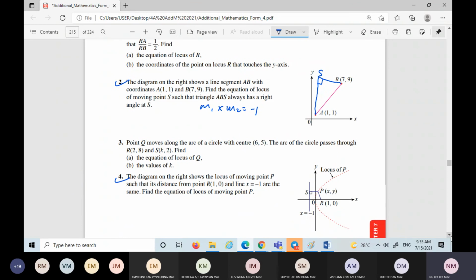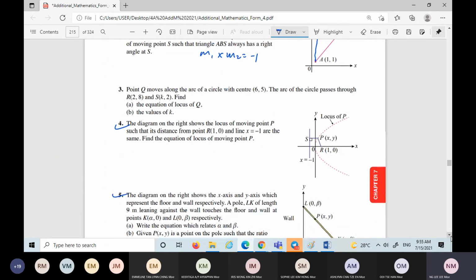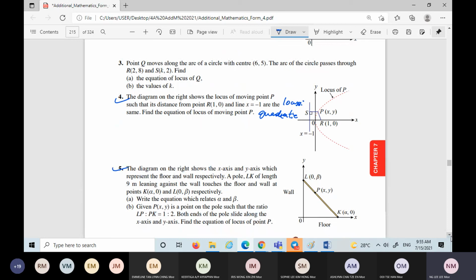Then this one is question number 4. The locus is a quadratic. The locus here is a quadratic. So you don't see a circle or an ellipse equation, you will see a quadratic.